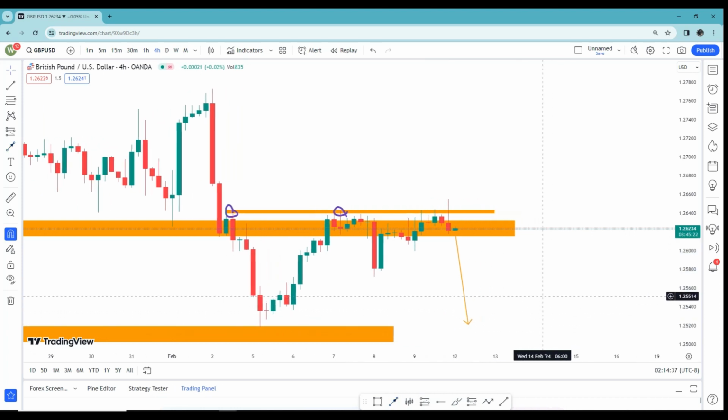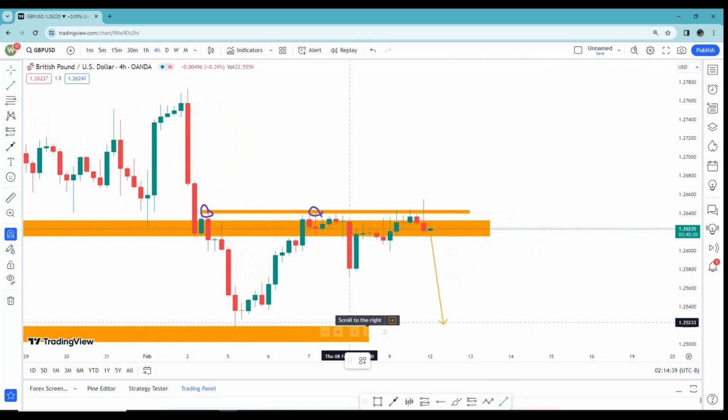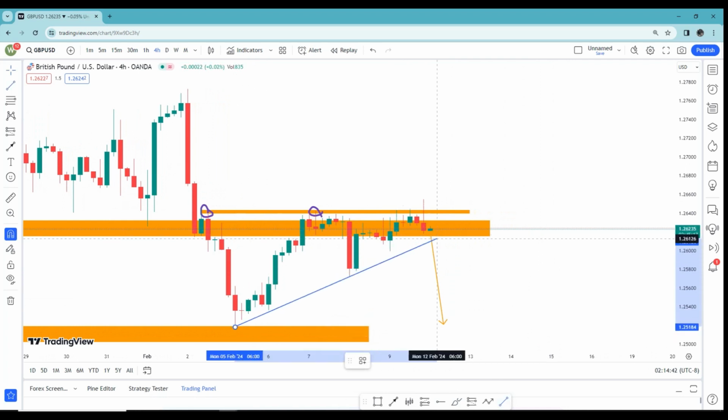But at this point, we can see that we got some small trend line right here. We can just put this trend line right here.